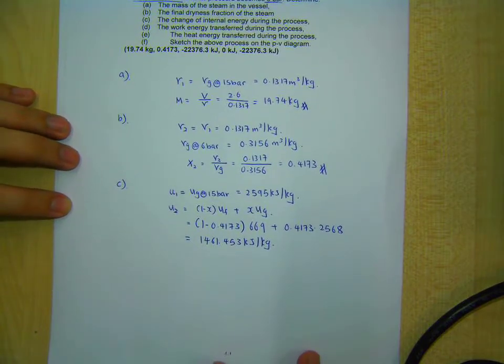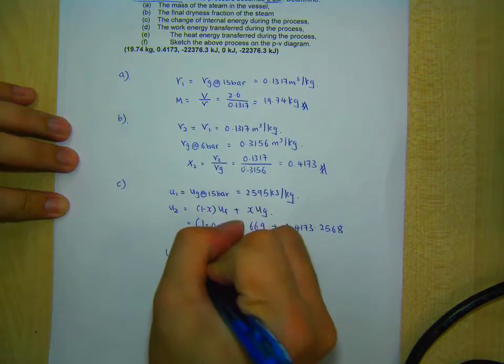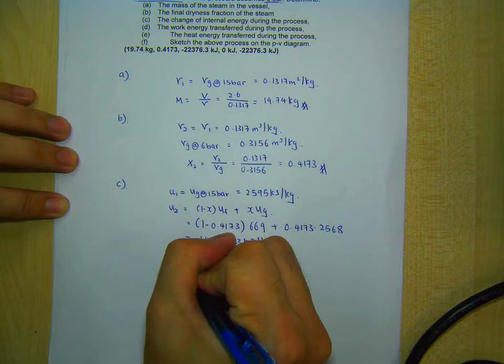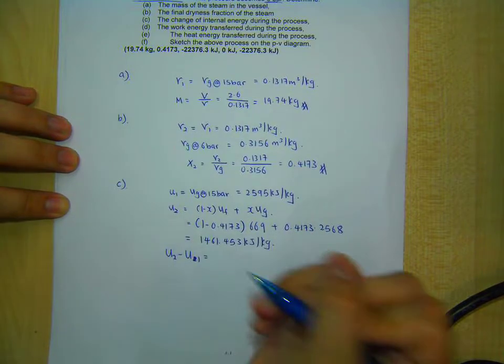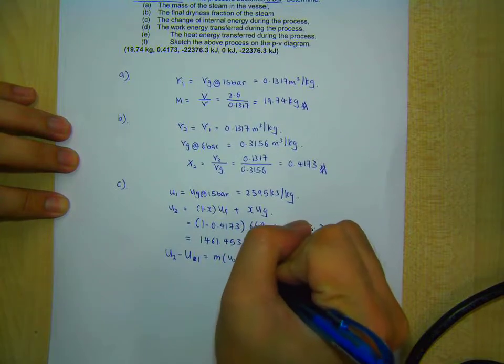So the total change in energy will be, in this case, U2 minus U1. We need to multiply the mass by specific u2 minus specific u1.